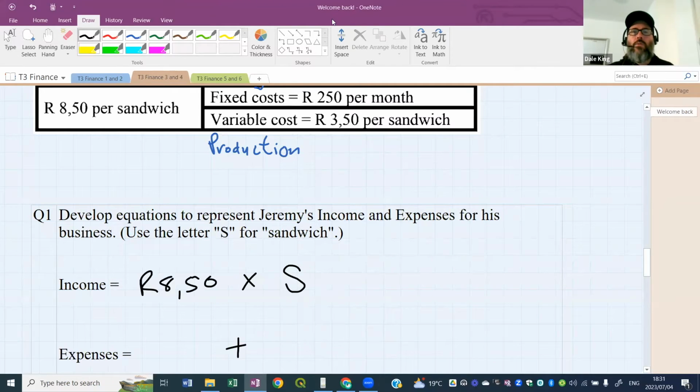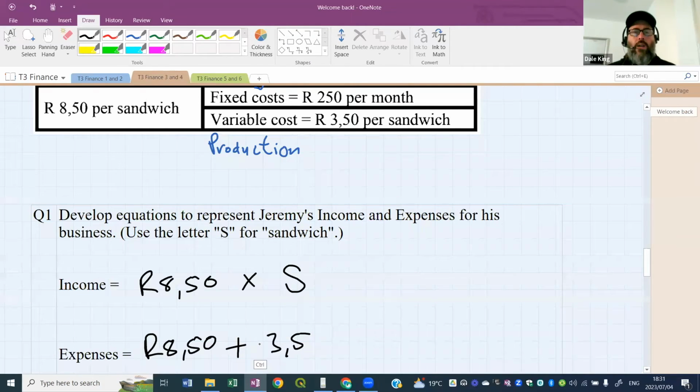And then I got Chiamo that's making a suggestion saying R8.50 plus 350 times S. Okay, now Chiamo is very, very close to an answer here. All right. So Chiamo is saying R8.50 plus R3.50.